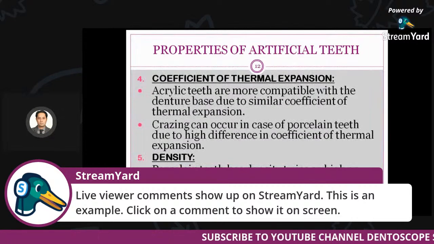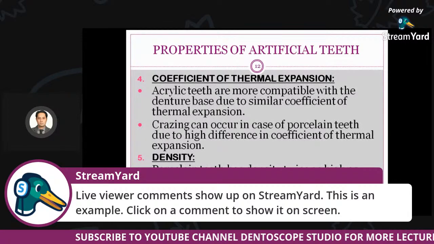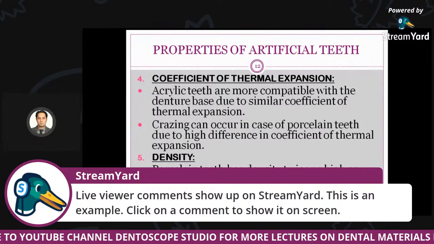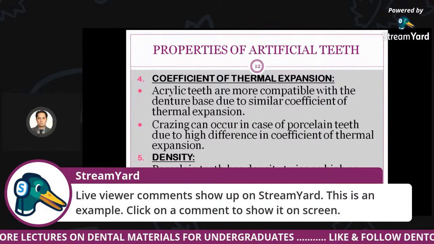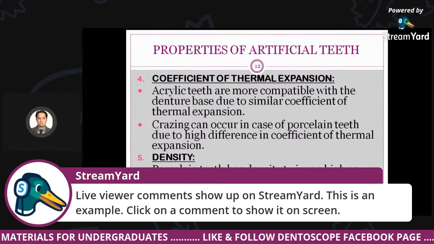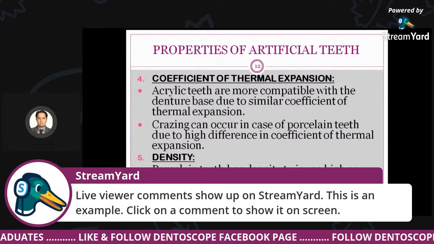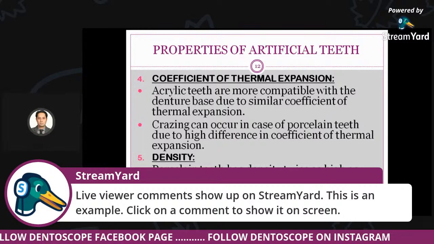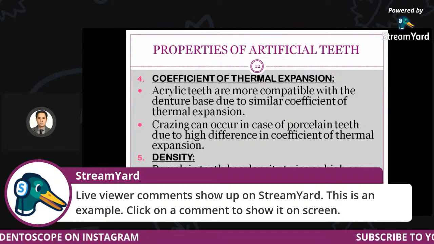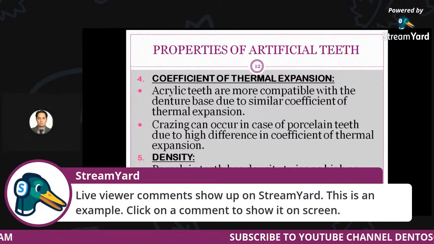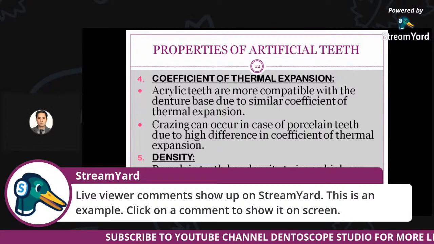Then coming to the coefficient of thermal expansion, a very important property of the artificial teeth. Acrylic teeth are more compatible with the denture base due to the similar coefficient of thermal expansion, because they are chemically the same. They both are chemically polymethyl methacrylate, right? So all the properties are going to be the same.